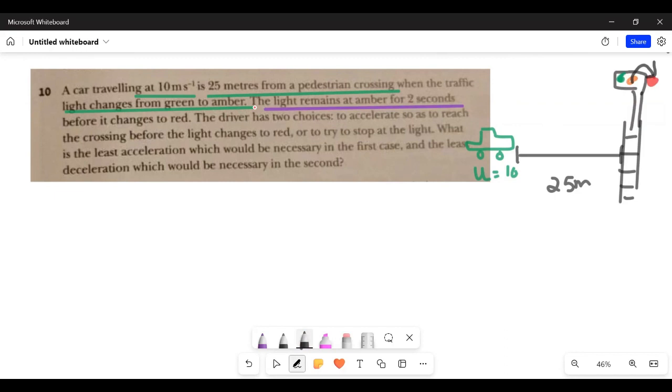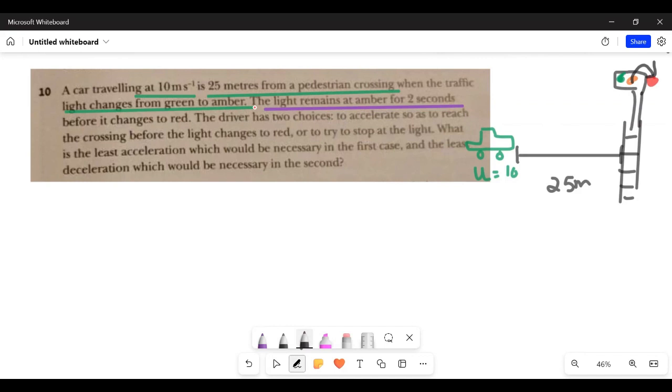So either he presses the accelerator and quickly crosses this 25-meter distance within those 2 seconds, or he tries to stop at the light, so he must hit the brake and make sure that he stops within these 25 meters.